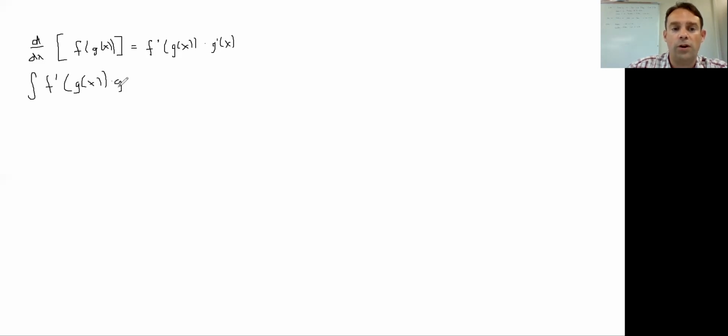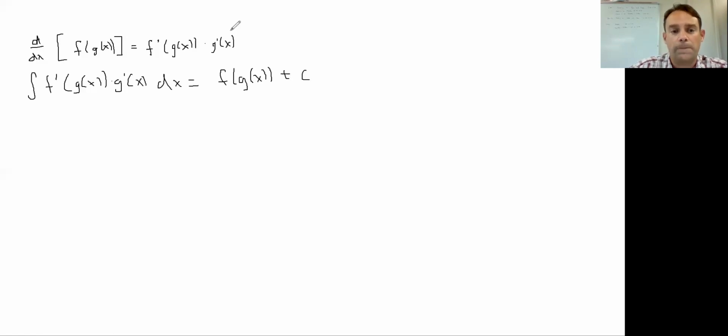So if I integrate all this right here with respect to x, don't want to forget that differential, I should be able to get to this, because a derivative and an integral are inverse operations of each other.